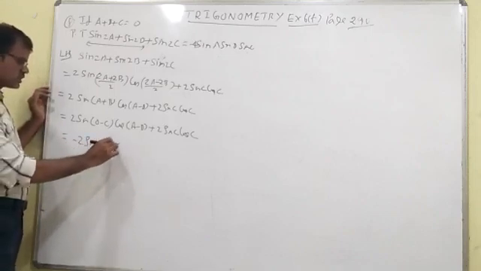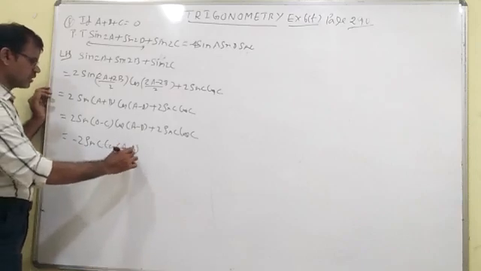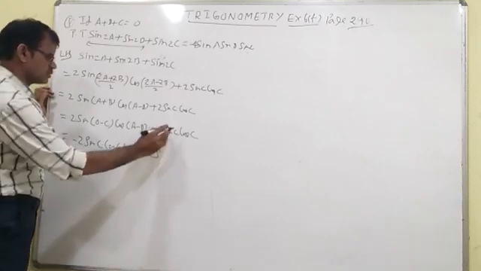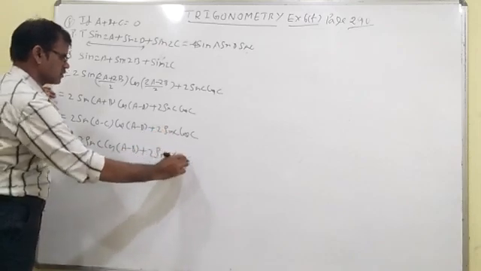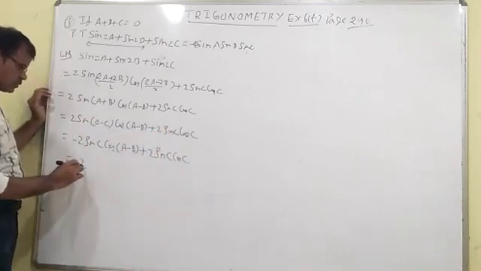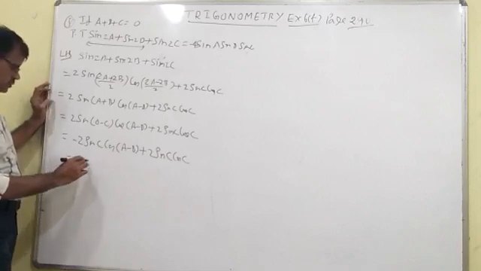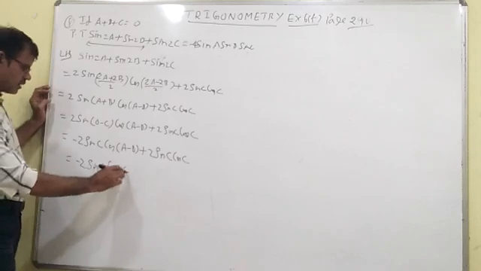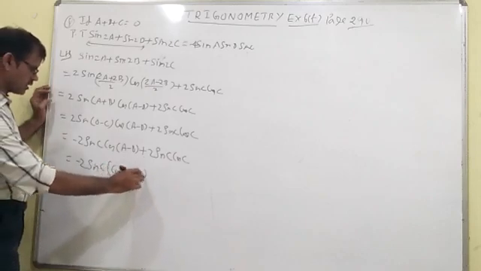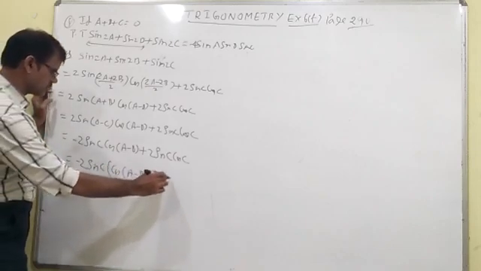So minus 2 sin c into cos of a minus b plus 2 sin c into cos c. That is equal to minus 2 sin c taken common. Within the brackets we can write cos of a minus b minus cos c.